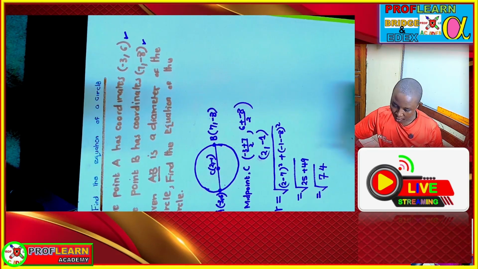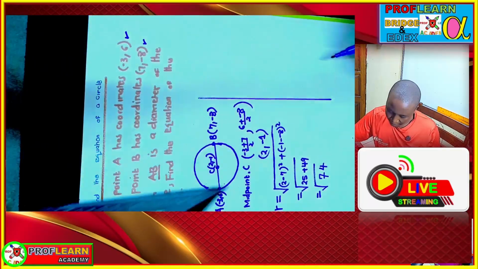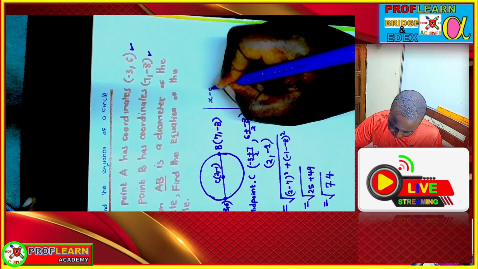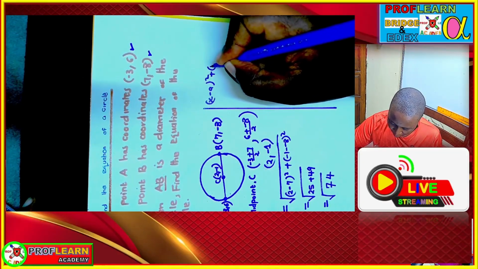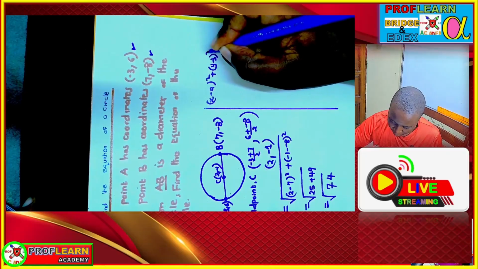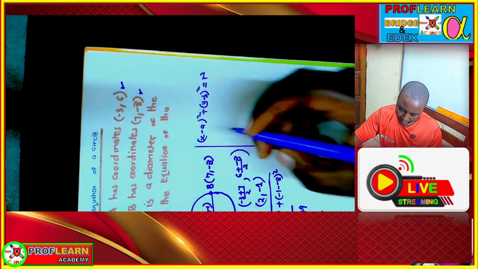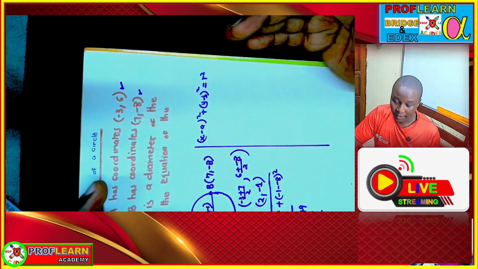Now, once you have gotten this, we need to remember that the equation of a circle takes the form x minus a squared plus y minus b squared is equal to r squared, whereby a and b are the center of that particular circle.